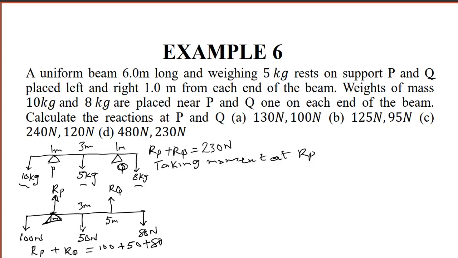Anti-clockwise. If you drag 50 Newton towards Rp, that will be what? Clockwise. If you drag Rq towards the knife edge now, that will be what? Anti-clockwise. If you drag 80 Newton towards the knife edge, that will be what?